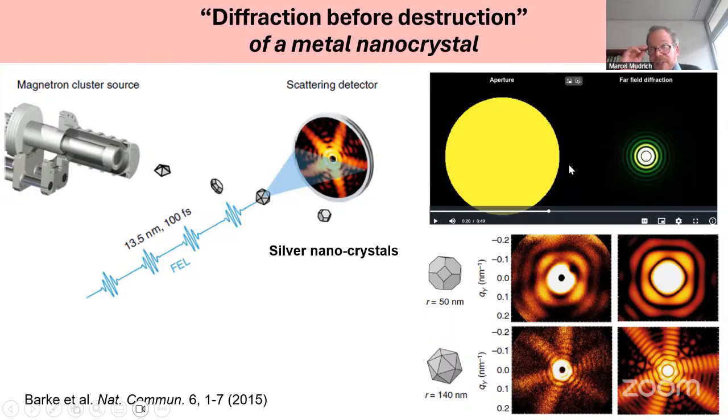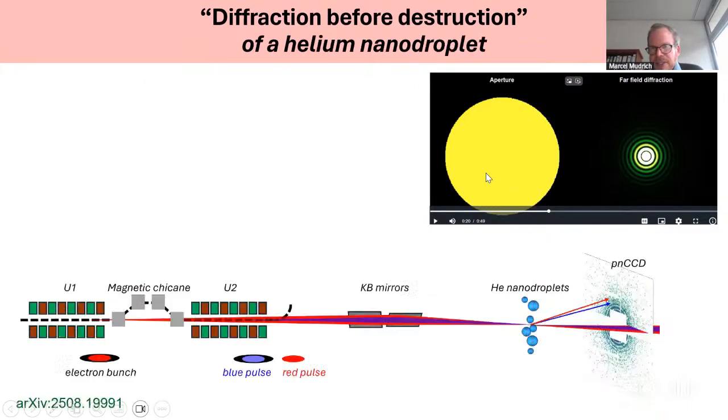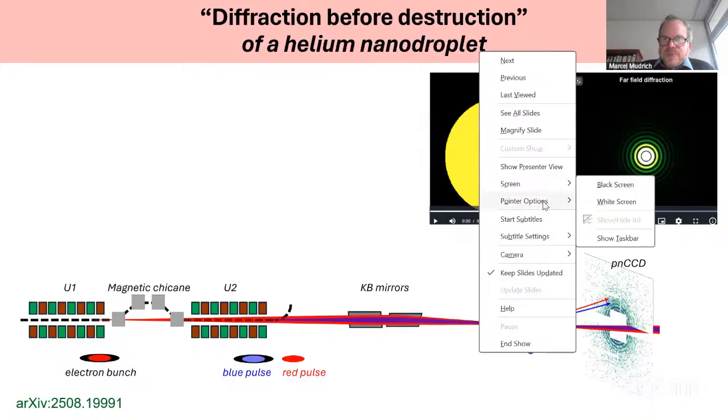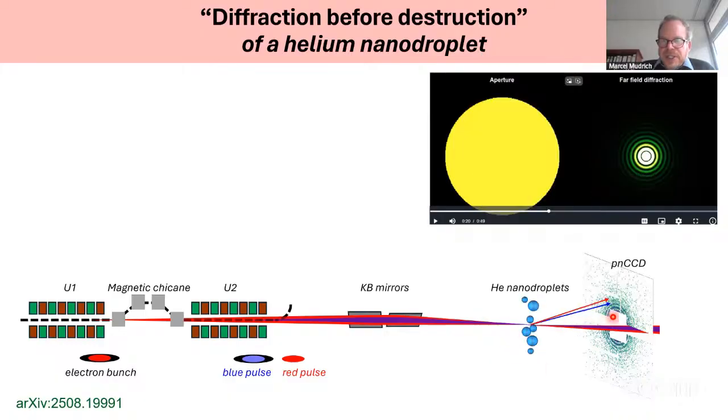Just want to point out the diffraction pattern once again of a large circular aperture. And remind you of a slide that I have shown, I think, the last time, of an experiment where me and Shiva Ramakrishnan were also involved at the European Free Electron Laser, where we recorded coherent diffraction images from helium nanodroplets.